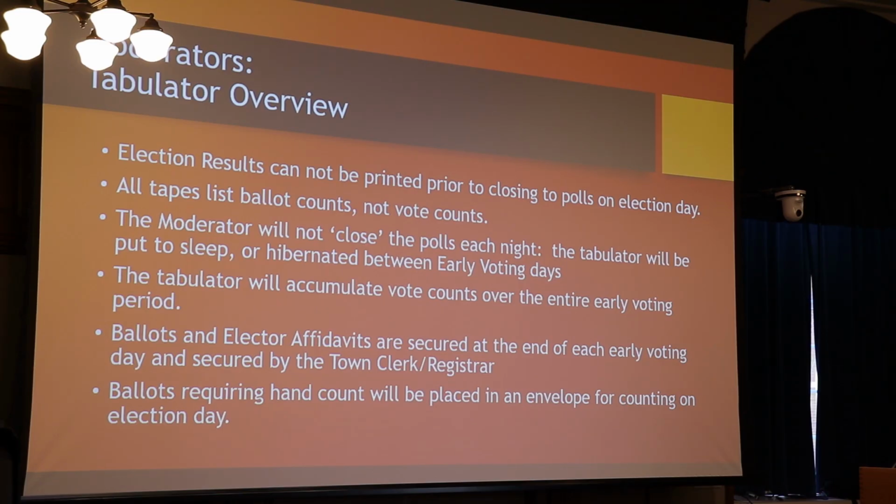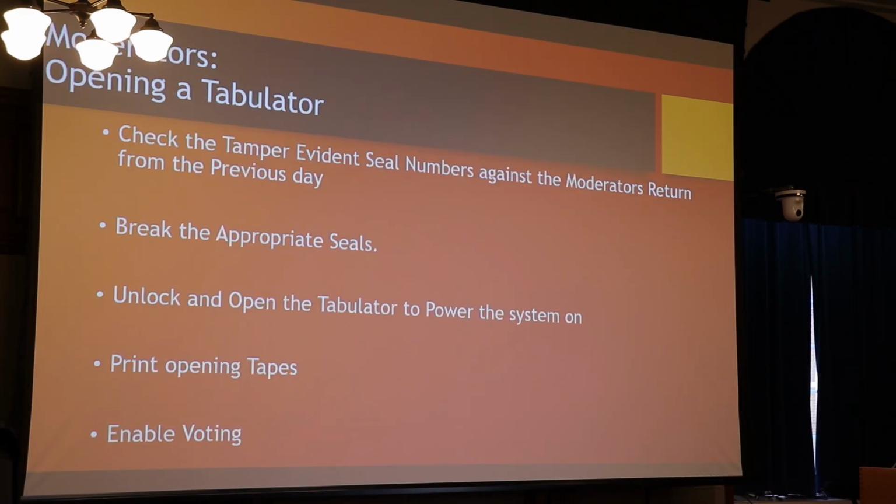We've seen people write political statements across their ballots, and those can't be read, so they're hand counted. But we expect the number to be low. I think in our last primary we had 4 or 6 throughout the whole city, which was relatively low.